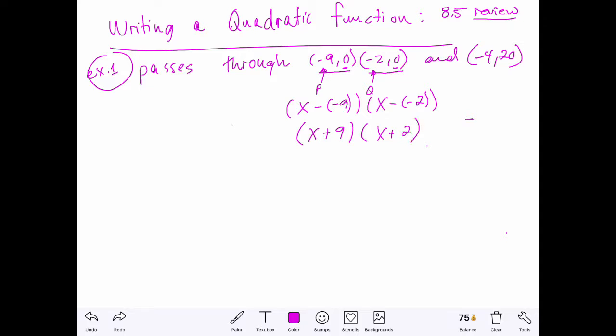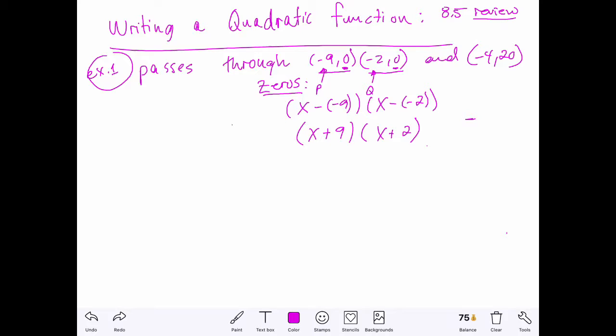So essentially I worked backwards now from my zeros. These are my zeros, my p and my q, essentially where it hits the x-axis, where y is 0. And I work backwards to write them as factors, because now I want to write the expression.